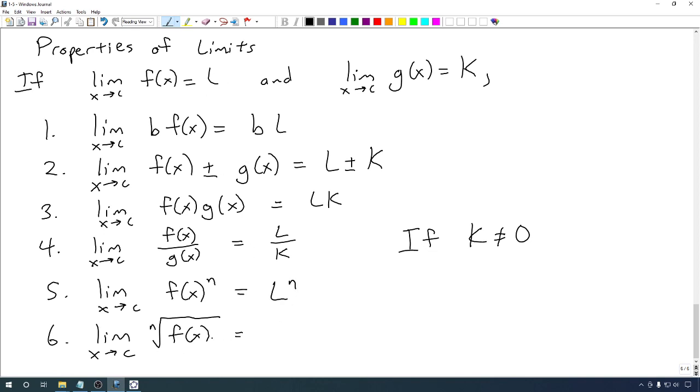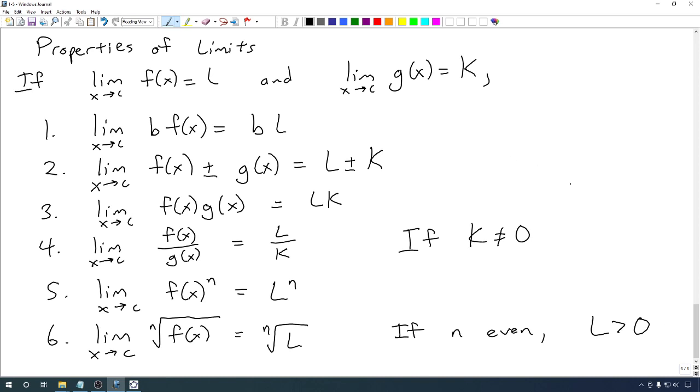And the nth root of f of x goes to the nth root of L. Of course, keep in mind that we need to not be putting anything negative under a square root. So if n is even, we have to have L bigger than 0. L has to be positive.